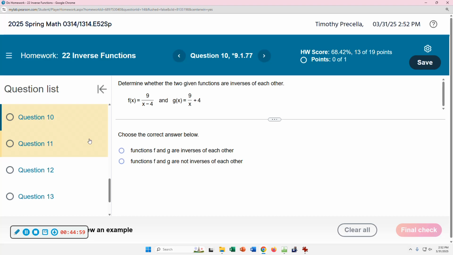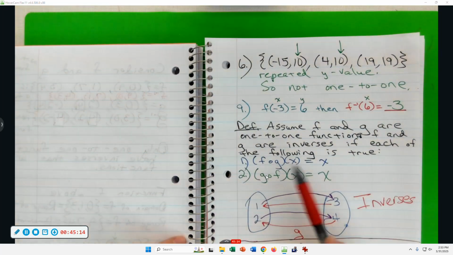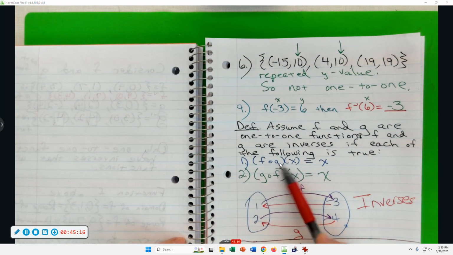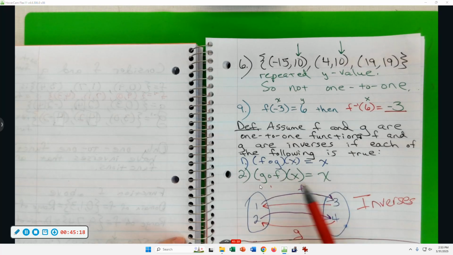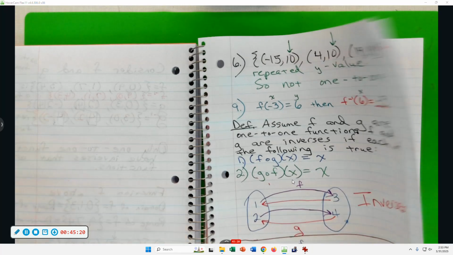Determine whether the two given functions are inverses of each other. Well, it's a yes-no question, but it's going to take quite a bit of work. If you have two functions and you're wondering if they're inverses, you have to find their compositions. So it's going to take a little work here.